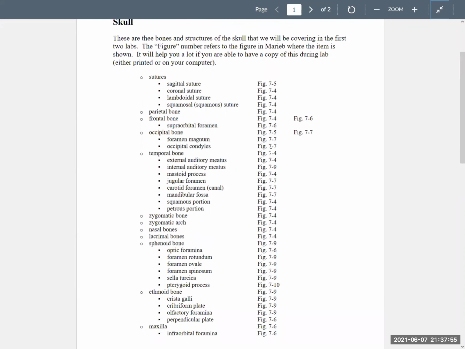Lots of times they rearrange which page they're on, so I don't have pages listed here. But if you wanted to see something called the sagittal suture, you can look in your book at figure 7.5. Figure 7.5 will show you the sagittal suture. Okay. So here are all the items, and here's where they're located in the book.